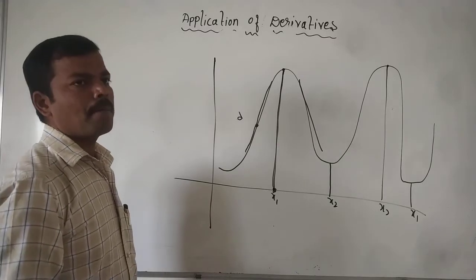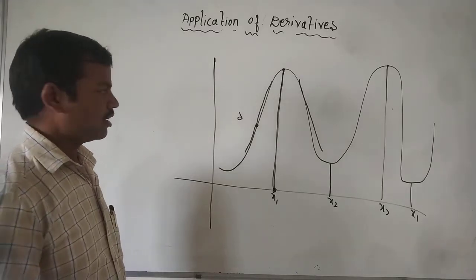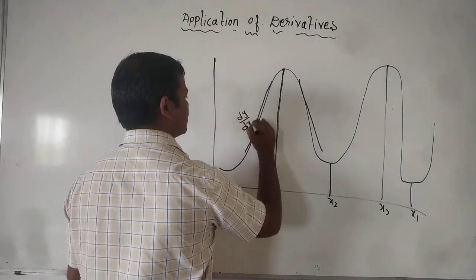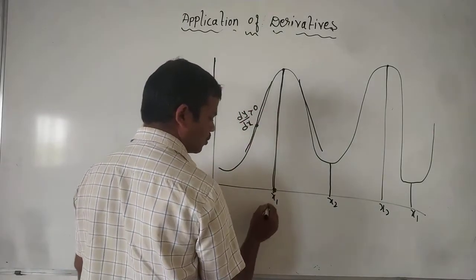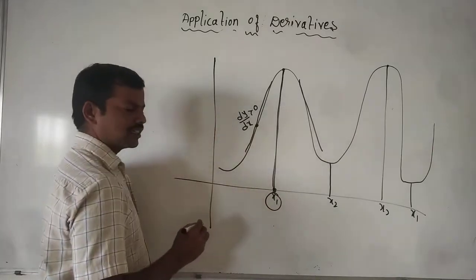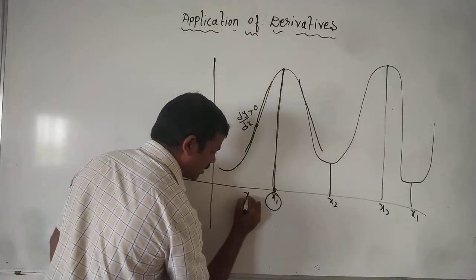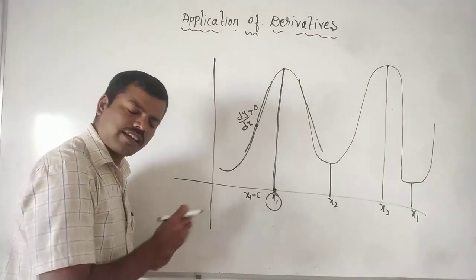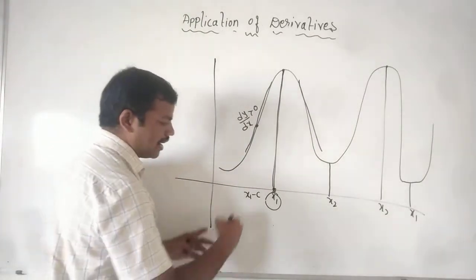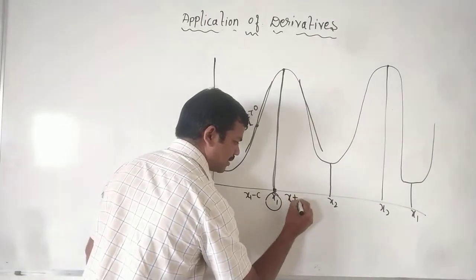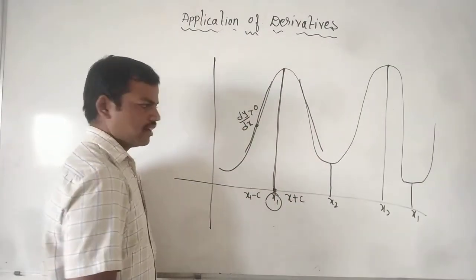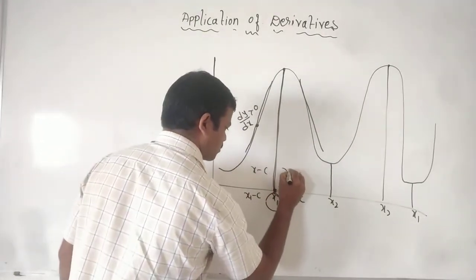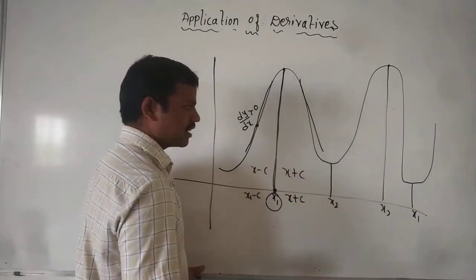Increase means dy by dx is greater than 0 to the left of this. The left of this is x1 minus c, which is the left side. The right side is x plus c. So x minus c is the left side and x plus c is the right side.